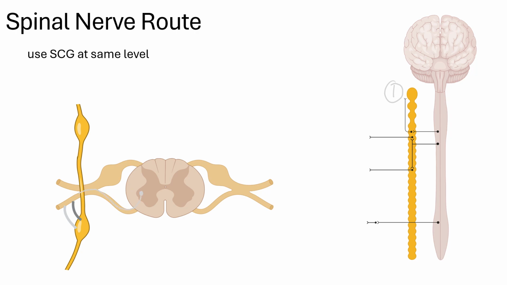So we have a preganglionic neuron leaving and then synapsing with a postganglionic neuron right there. The preganglionic fiber leaves the spinal cord, goes through the ventral root, spinal nerve, ventral ramus, and then it uses the two rami communicantes to synapse with the postganglionic fiber, which then leaves the spinal cord and goes all the way to the target organ that it's meant to control.